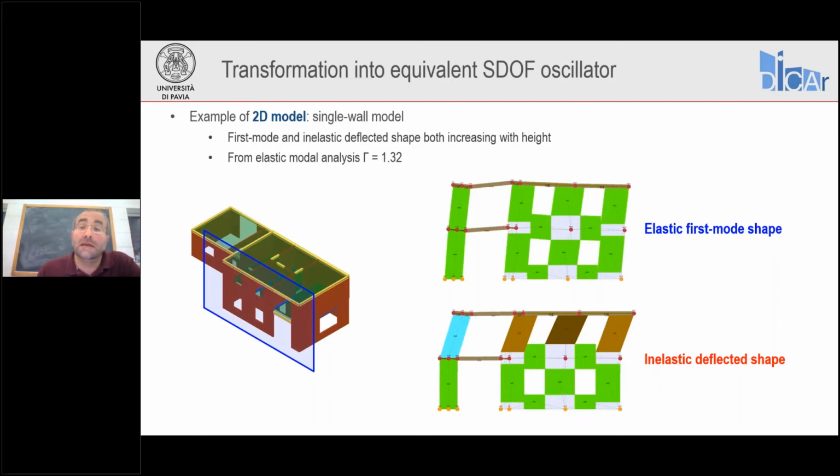We see that the first mode shape in the elastic situation and the deflected shape after development of inelasticity are not equal to each other, but quite similar. Displacements are in both cases increasing with height. And in this case, using the elastic gamma factor of 1.32 seems to be appropriate for the analysis. But this is the easy case.